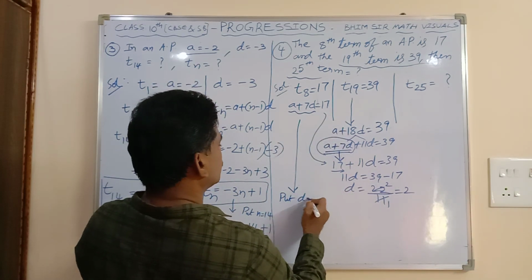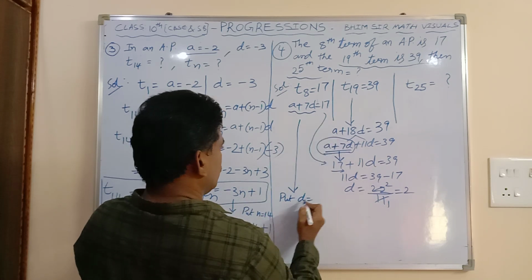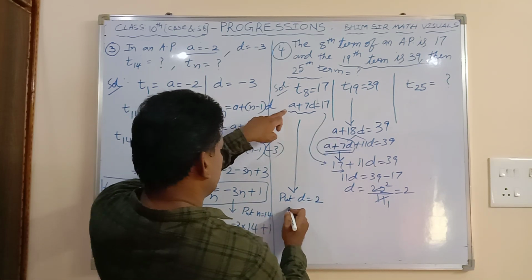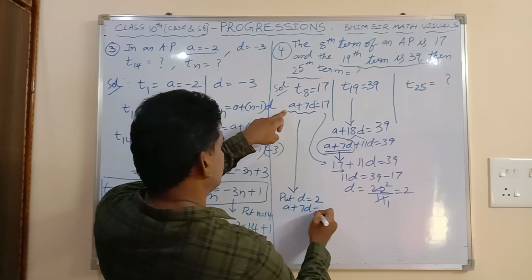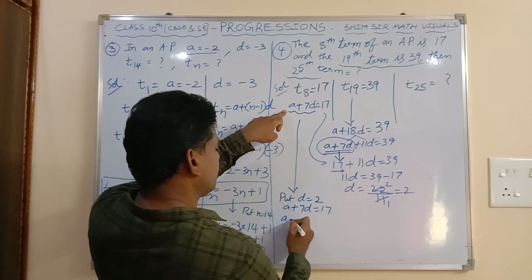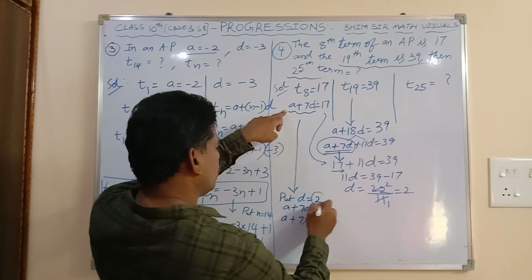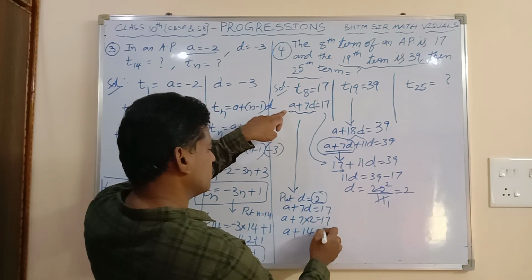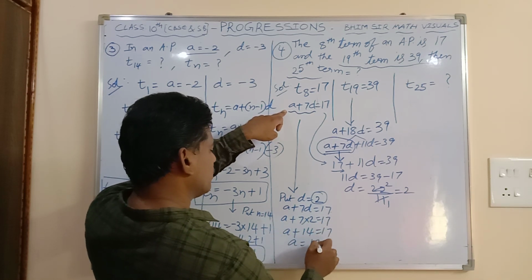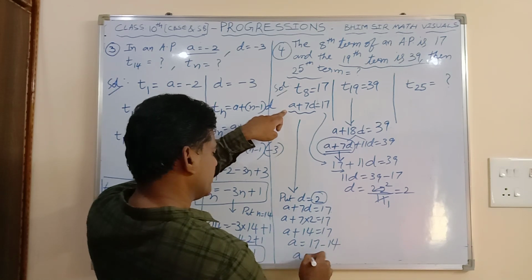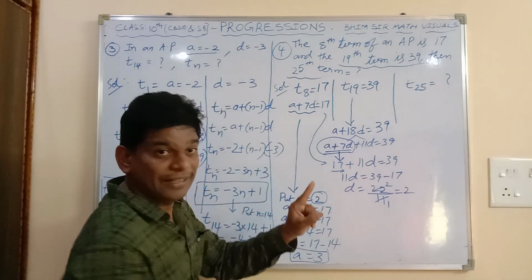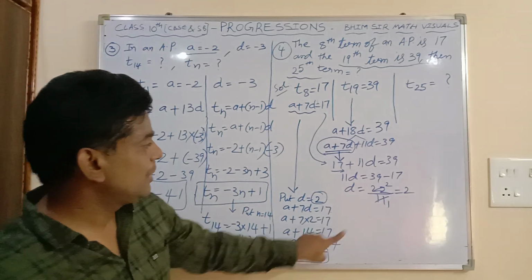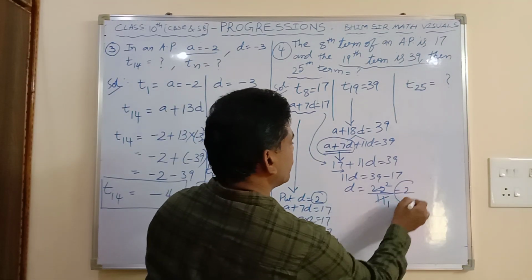Put D equal to 2. A plus 7 into 2 equal to 17. So A plus 14 equal to 17. A equal to 17 minus 14. A value is 3.